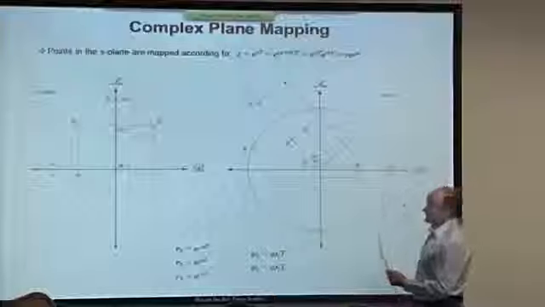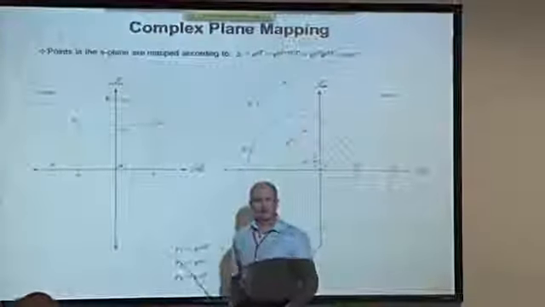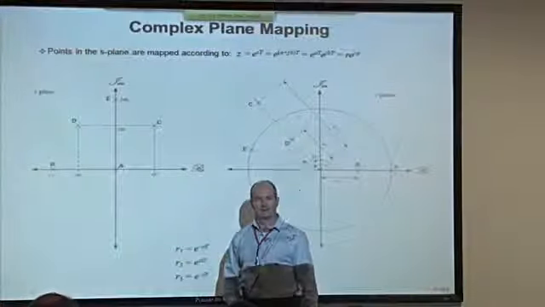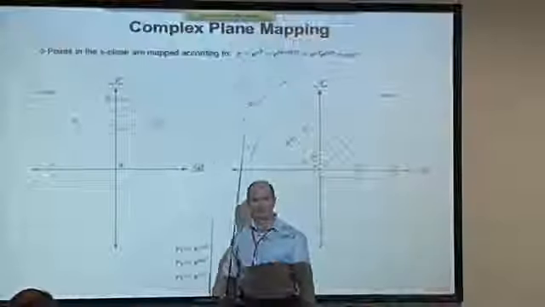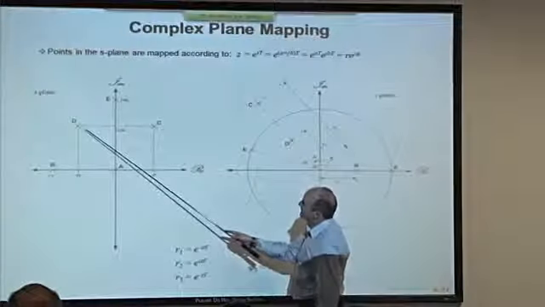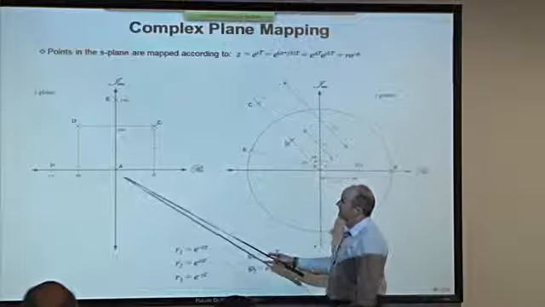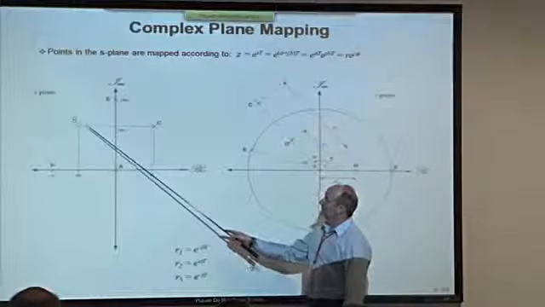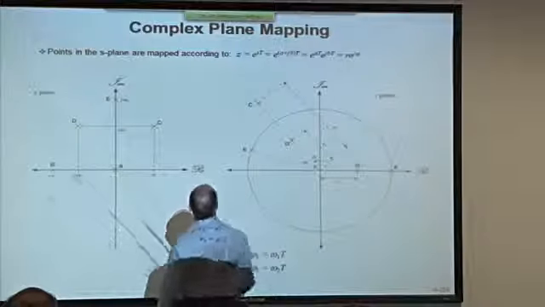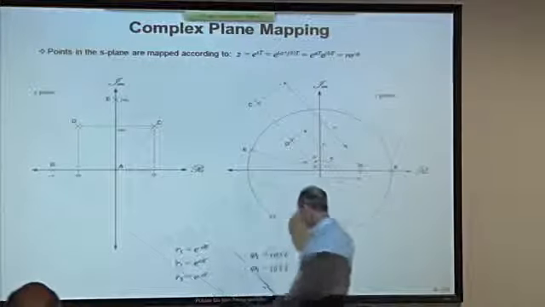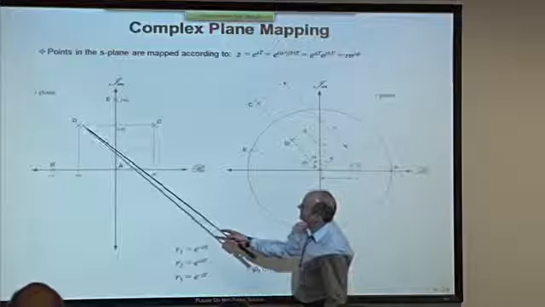Now, using the rule z equals e to the st, we can map poles exactly between the s-plane and the z-plane. That is an exact relationship. For example, if I have a pole here at point D, its rectangular coordinates are minus sigma plus j omega 1.